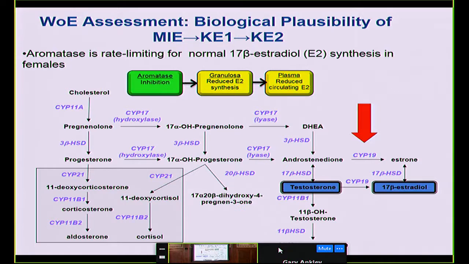We know from a fairly rich history of comparative endocrinology that aromatase is the key enzyme controlling the relationship between testosterone and 17-beta estradiol. So basically, if you decrease aromatase activity, there's every expectation that estradiol levels will go down. So this is well established as a normal relationship. So there's good plausibility here.